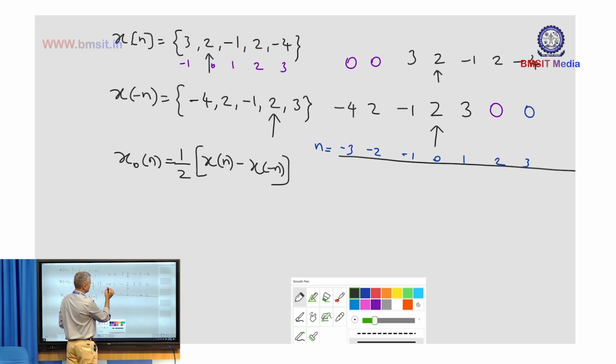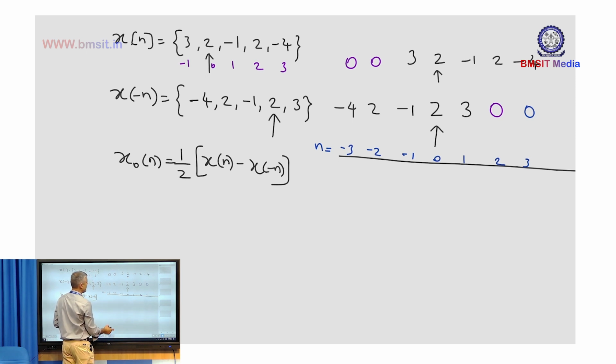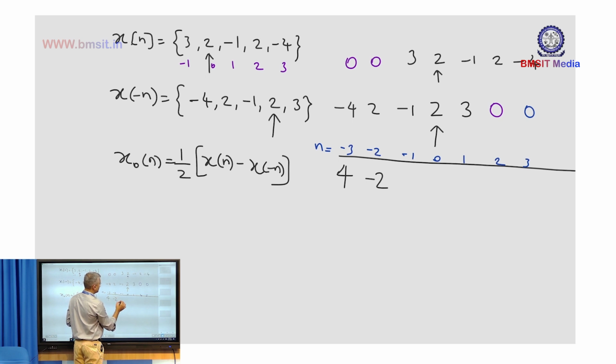You already know the values of the samples, like zeros over here. Why have we appended these zeros? So we can continue with the same. 0 minus of -4 is +4. Similarly, 0 minus 2 is minus 2. 3 minus of minus 1: I have to subtract minus 1 from 3, so 3 minus of minus 1 is 4, because it is 3 plus 1.